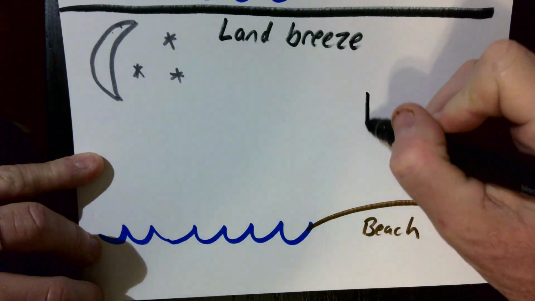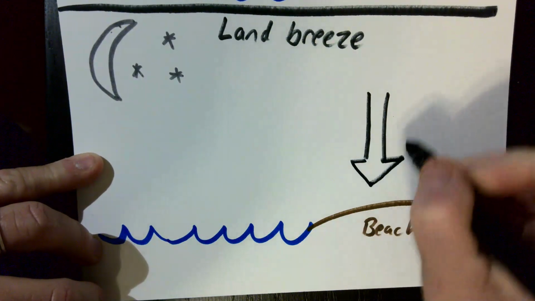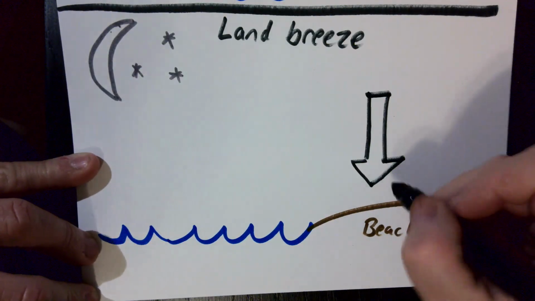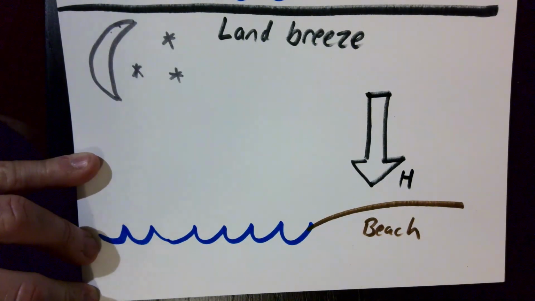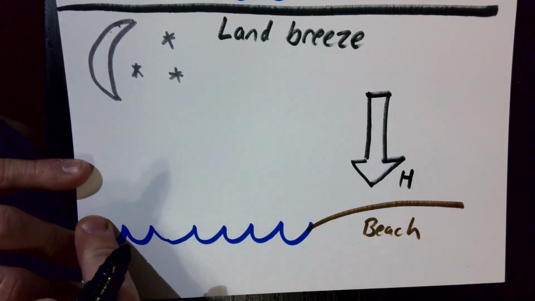Well, over the cooler part, the air is actually going to be sinking. And you're going to get a creation of a high pressure right there because it is cooler here now than it is right here.